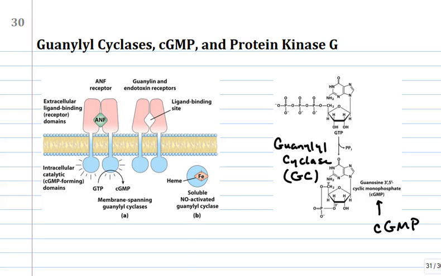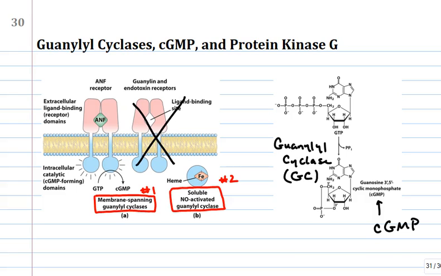There's guanylyl cyclases, cyclic GMP, and protein kinase G. Let's talk about two different types of guanylyl cyclases, and the first is going to be membrane spanning. The second is going to be soluble nitric oxide activated guanylyl cyclases, and we're going to just forget that one.